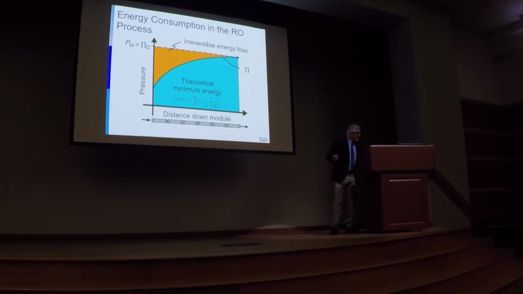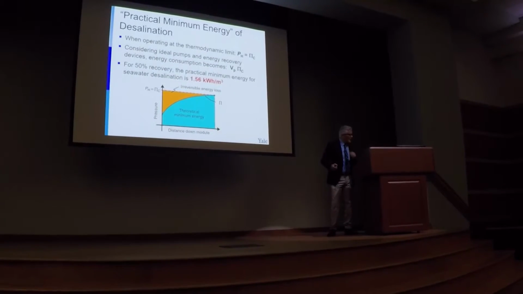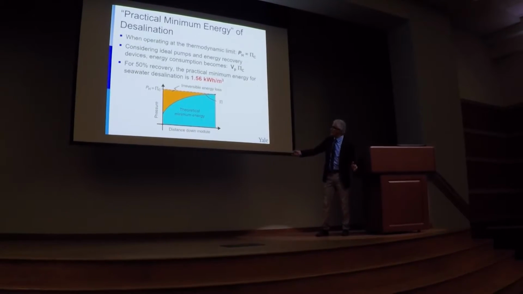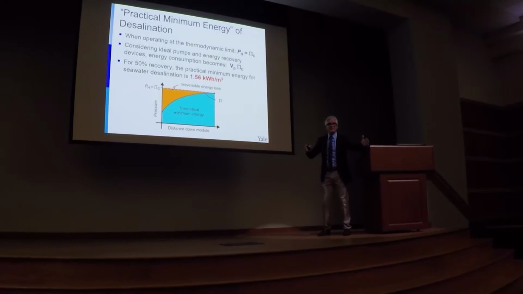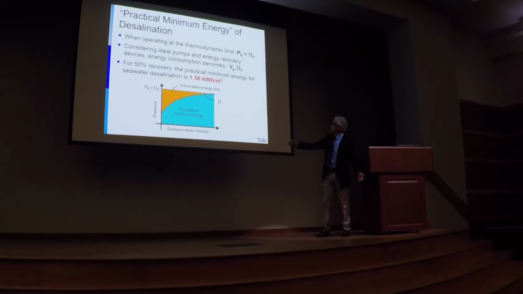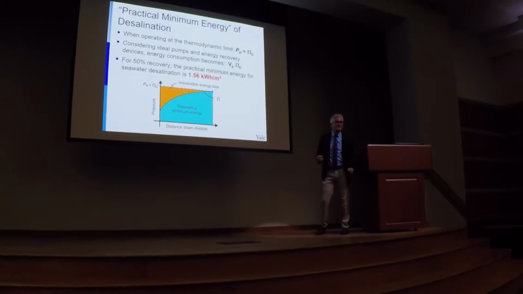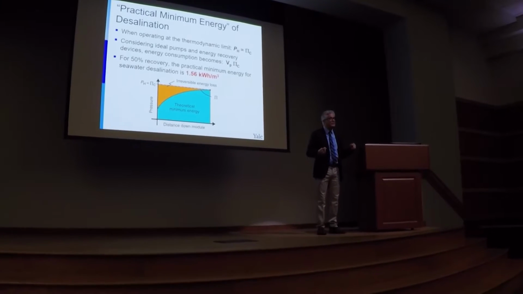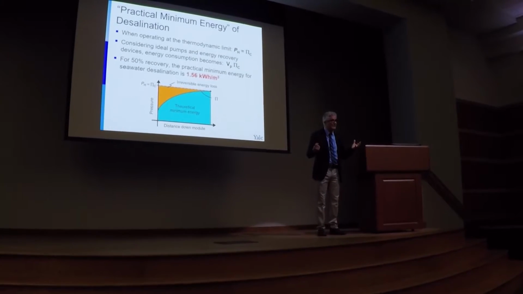So now we can define the practical minimum energy. As I indicated earlier, the way we operate reverse osmosis with this pressure vessel, you cannot operate with less than the osmotic pressure of the exit brine. Seawater at 35 grams per liter is about 27 bar or atmospheres.